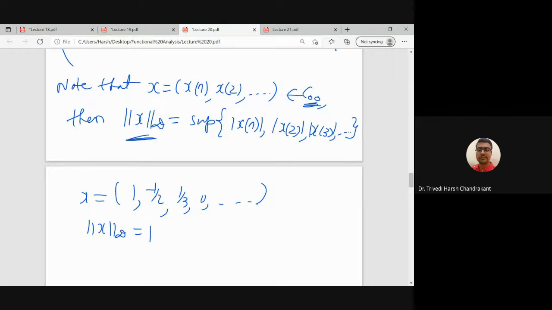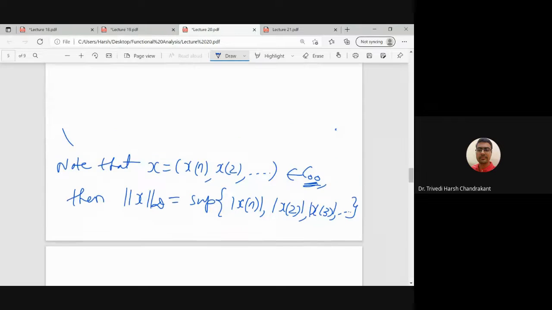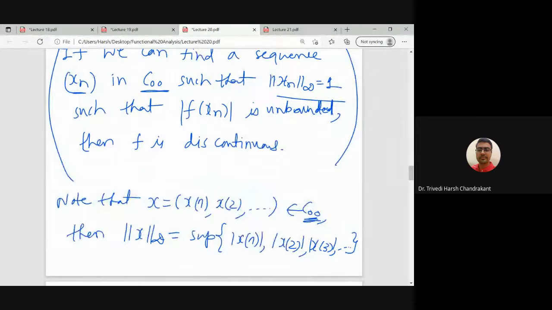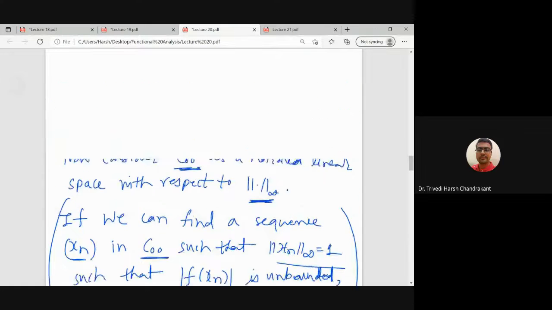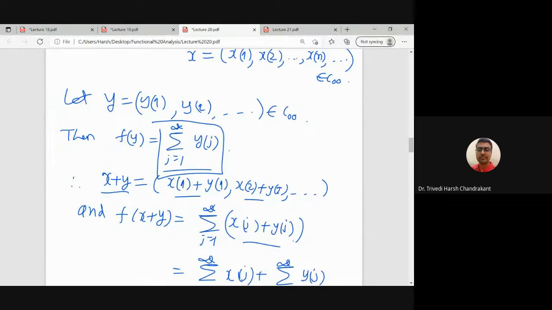There are many other examples, but in this example we will consider a simple sequence of elements, whose entries have maximum value 1, such that f(x_n) is unbounded. What is f(x_n)? It is the sum of the coordinates of the sequence.